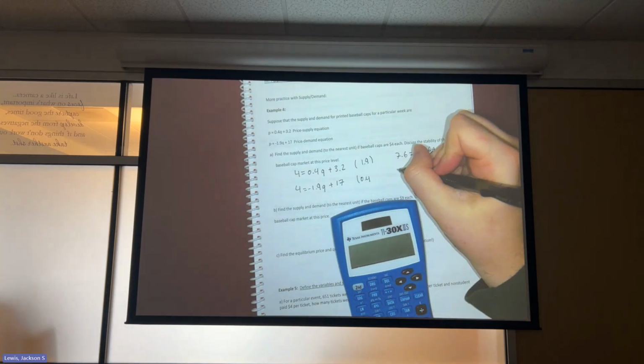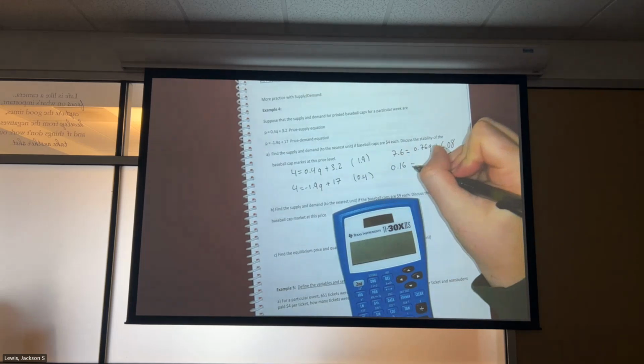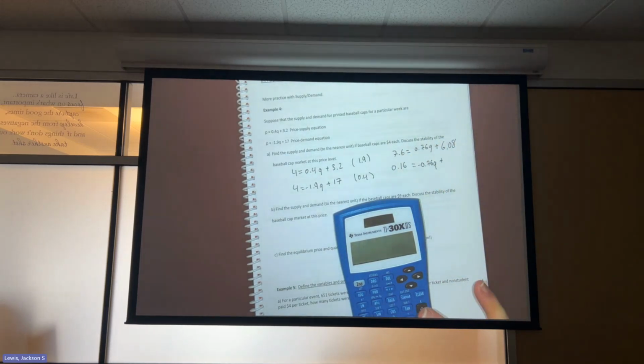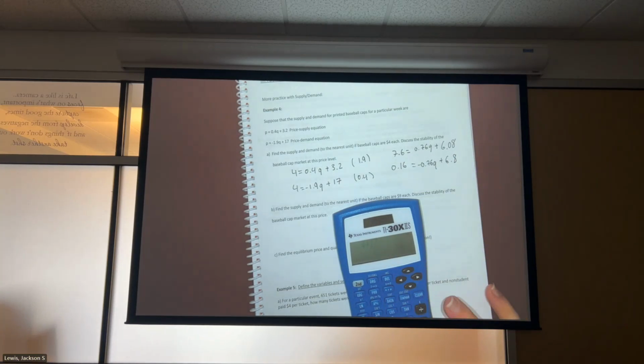Then 0.4 times 4 is 1.6, which equals negative 0.76q plus 3.2.